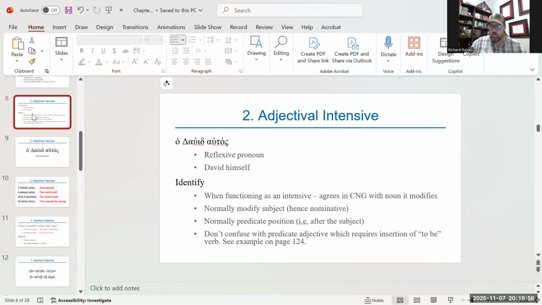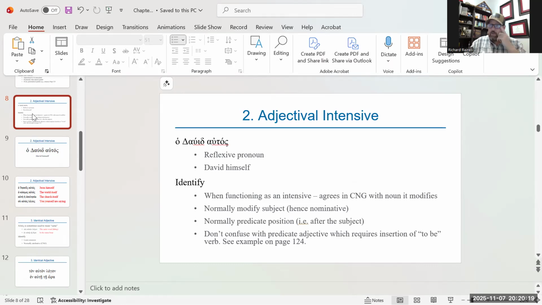Right above section 12.11, you see ho Jesus agathos, right? Literally translated it is "the Jesus good." You don't say "the Jesus" because the article is there just to announce that we have a proper noun, so you're going to drop the article. Jesus, good.